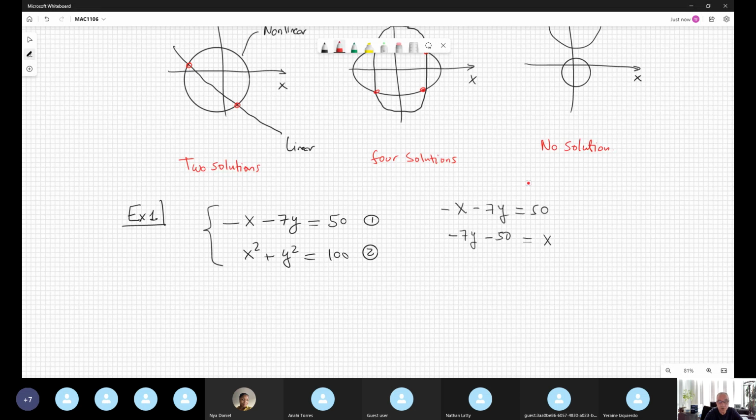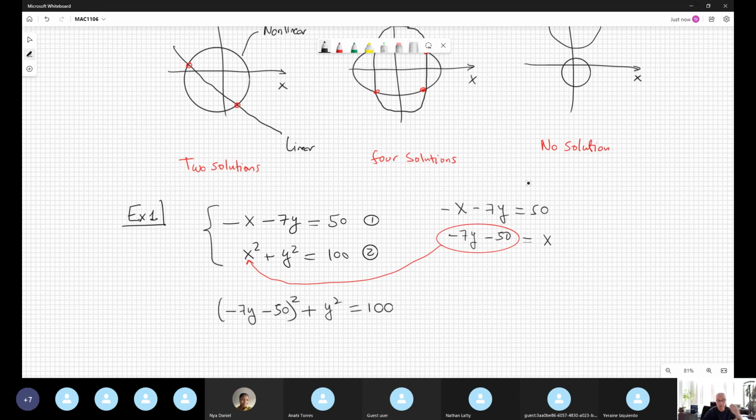Now, substitution, the classical substitution. This expression, plug it in where? In the other equation, in the x place here. So I have no x anymore. It is minus 7y minus 50 squared plus y squared equals 1.